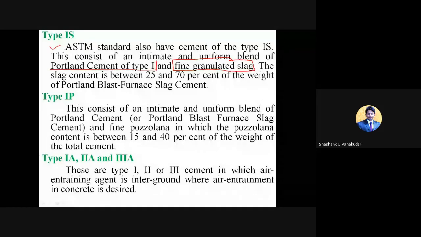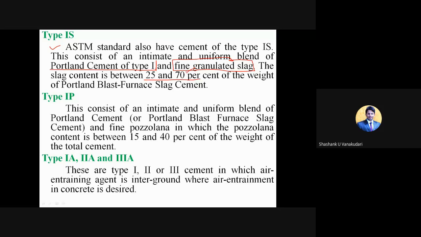They use this fine granulated slag along with the Portland cement, and it forms type IS. The slag content is between 25 to 70% by weight of Portland blast furnace slag cement, so we can use fine granulated slag up to 25 to 70% by weight of total cement.